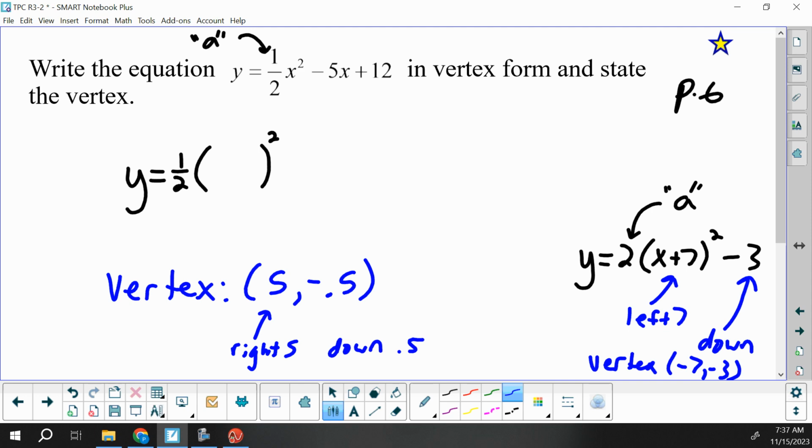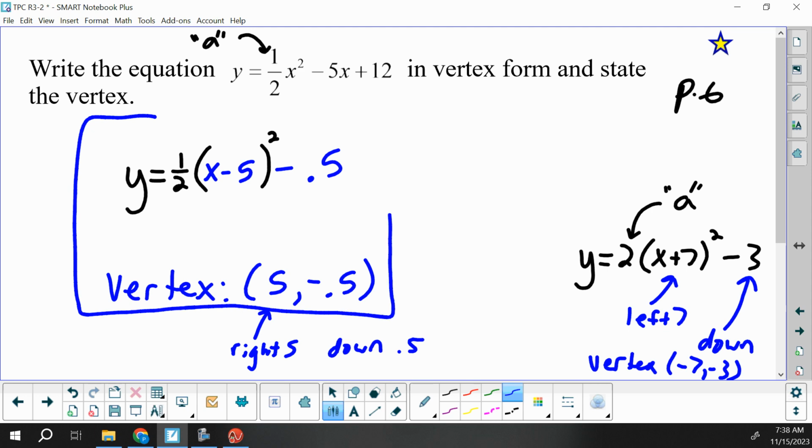Well, if left 7 was adding 7 on the inside, right 5 would be subtracting 5 on the inside. So we'll have x minus 5. And then down the half, we should be subtracting on the end, so we'll have minus the 0.5. So we now have our equation in vertex form, and we have our vertex.